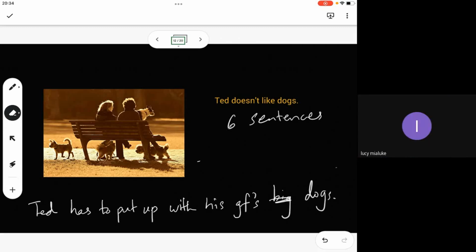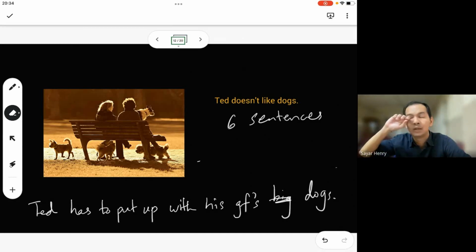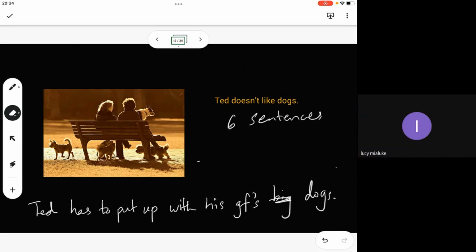And then the dogs are barking at midnight, so he doesn't like dogs barking in the middle of the night.